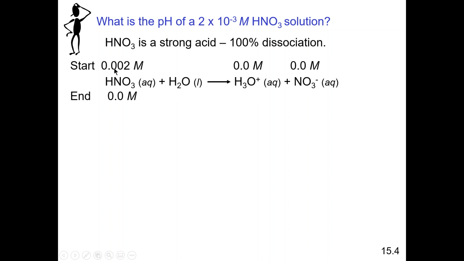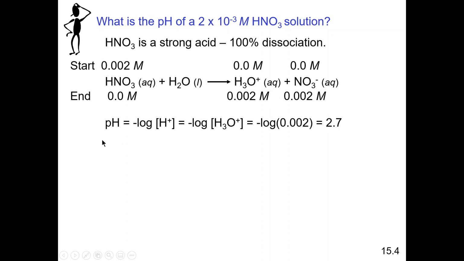Initially, you have 0.002 M of the nitric acid, none of this, and then because nitric acid is strong and undergoes complete dissociation, all of this would have dissociated. So therefore, at equilibrium, you'll have none of this, and you'll have this amount of hydronium and this amount of nitrate. So since we have the concentration of the hydronium here, all we have to do is plug it into the pH equation, and we end up with the pH being equal to 2.7.